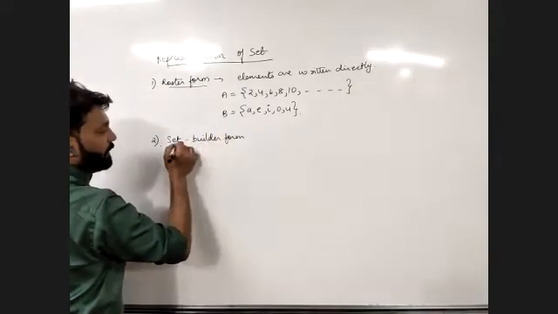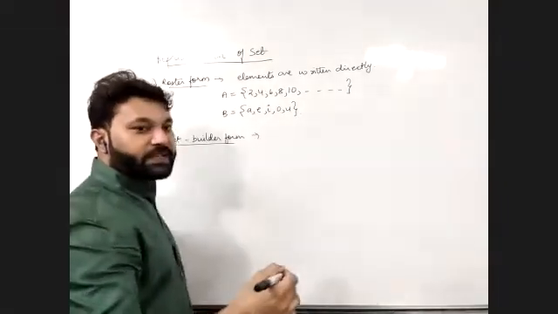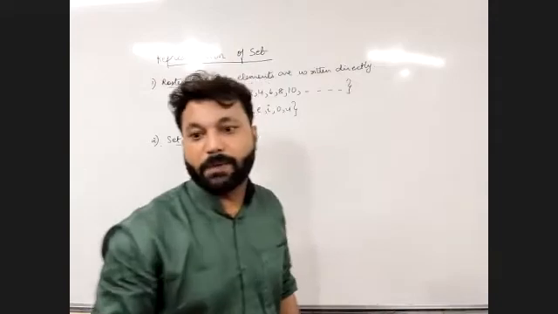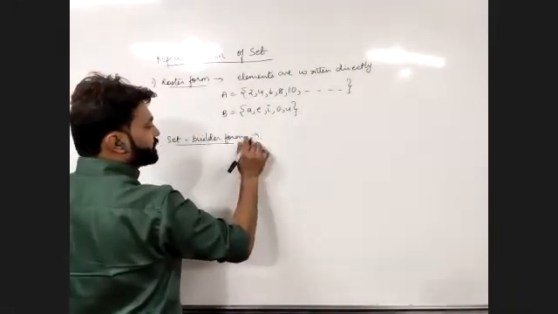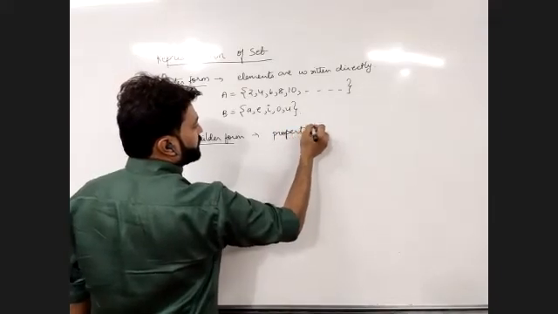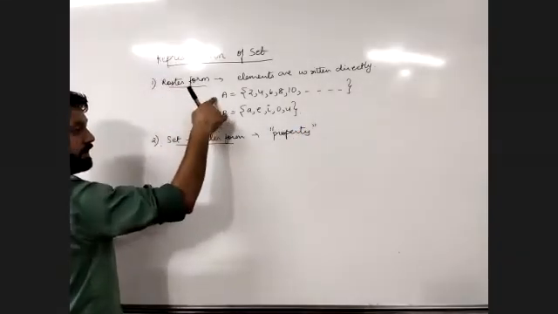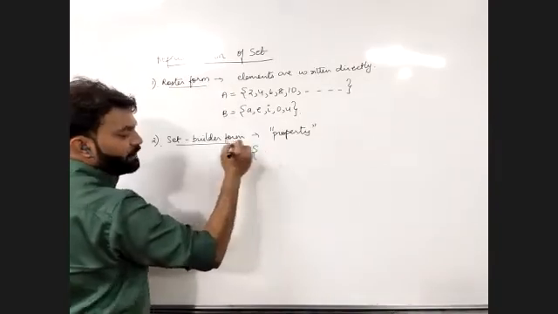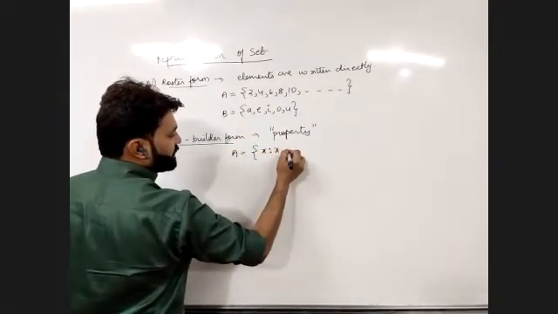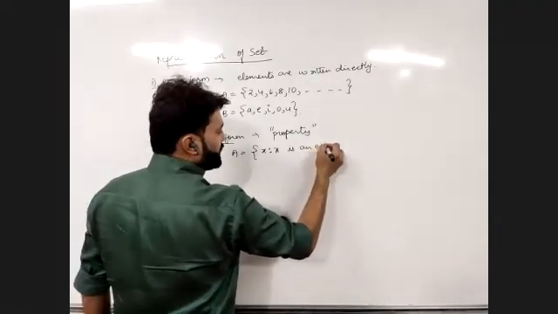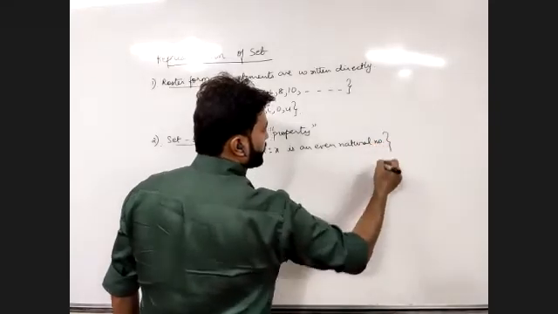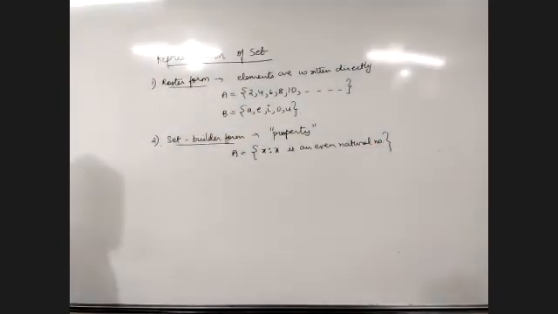In set builder form, the importance is given to the attribute, the property that the elements share. Here we mention the property. For example, if we have to convert these two sets into set builder form, the first one will be {x such that x is an even natural number}.